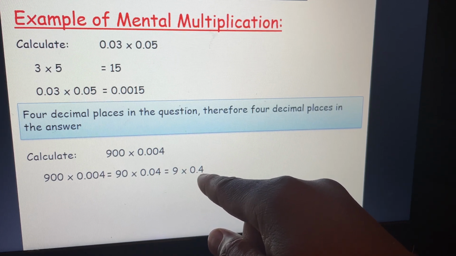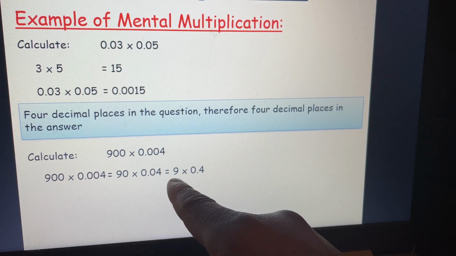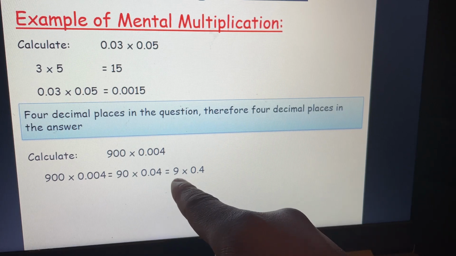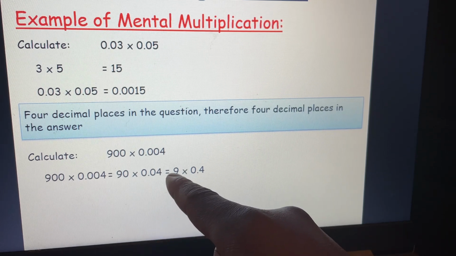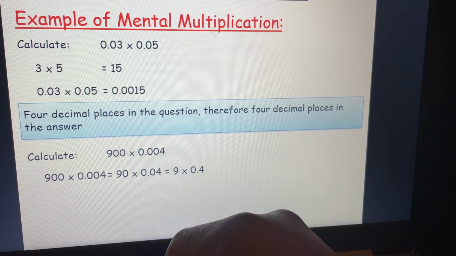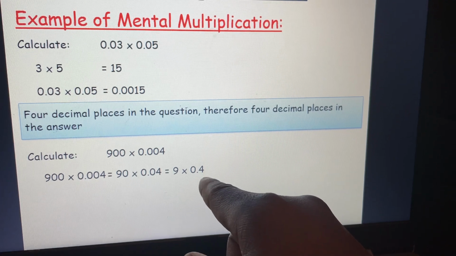Now when we reach this bit, it's very straightforward. This is what we need to get to, two numbers where we can just multiply. So 9 times 4 is 36, right? And how many numbers are behind the decimal point? Just 1.